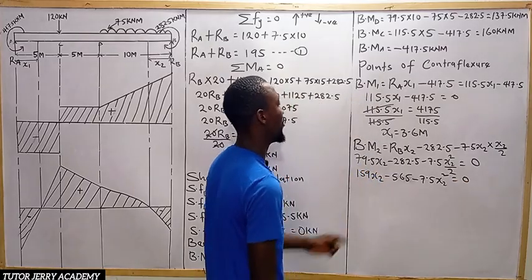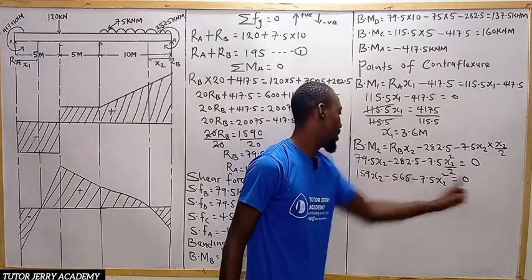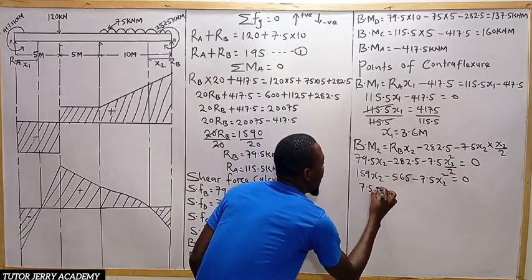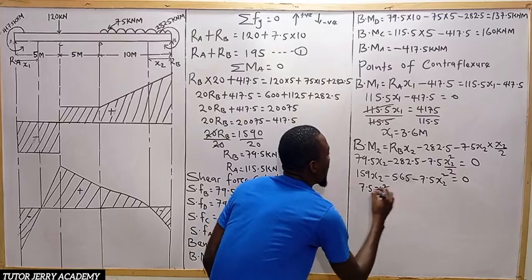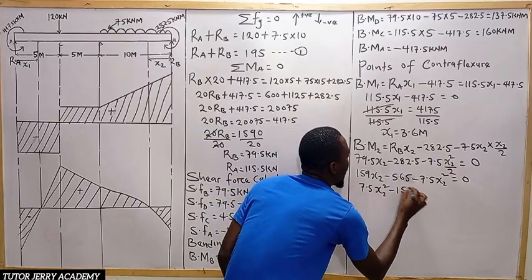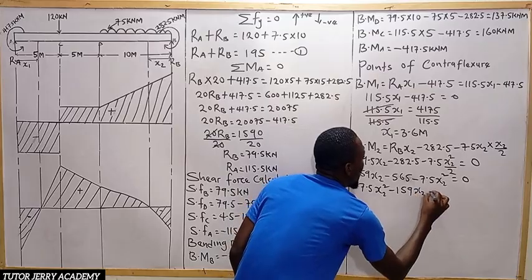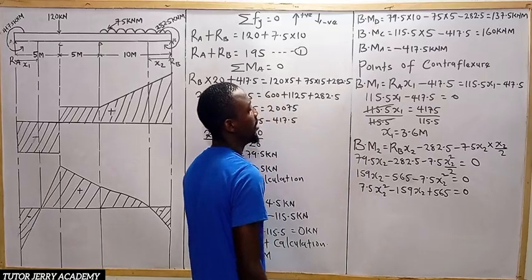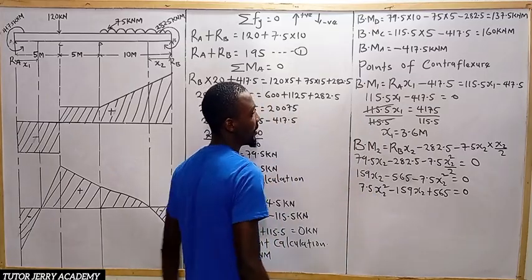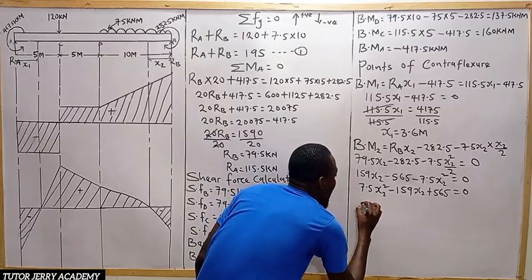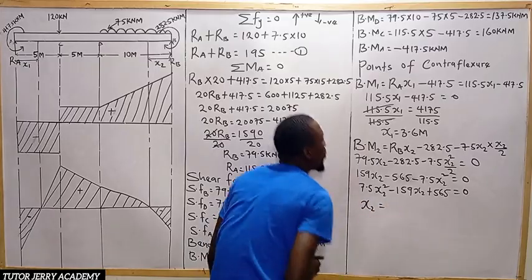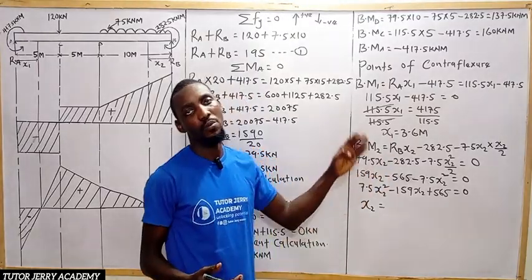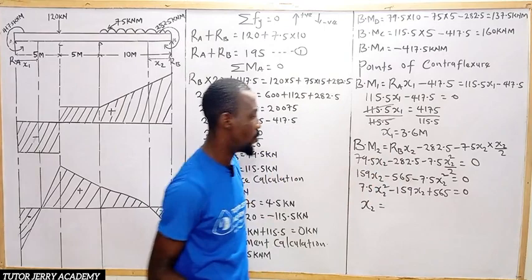All right, so we can further rearrange this. If we move everything to the other side, we are going to have 7.5 S2 square minus 159 S2 plus 565 equals 0. All right, so we are going to apply the quadratic equation here. So S2 will be equal to, from the quadratic equation, minus b plus or minus root b square minus 4ac divided by 2a.